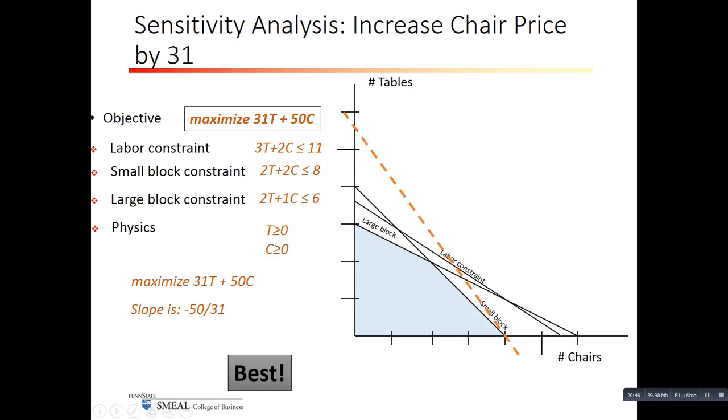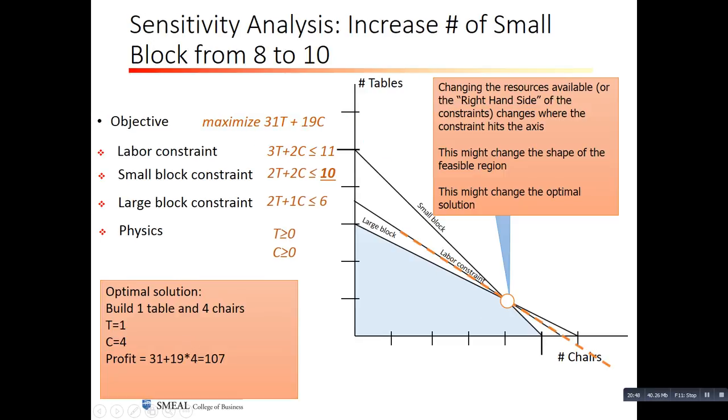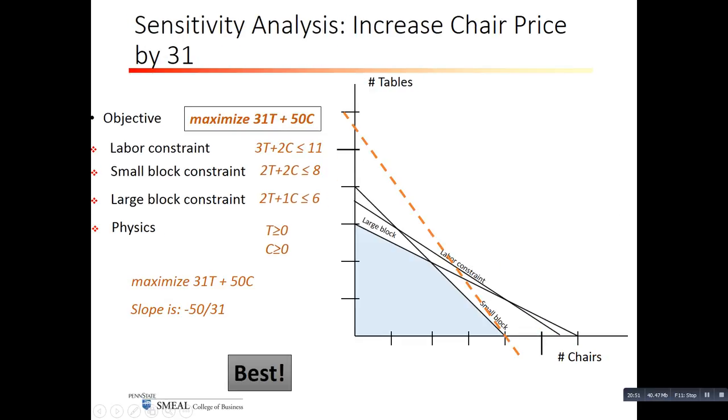For the next one, we're going to change the coefficient for the chairs. For example, let's say the chair price increased by 31. Now the coefficient of chairs becomes 50. Then the slope of our objective function becomes minus 50 over 31, which is much steeper than the original.